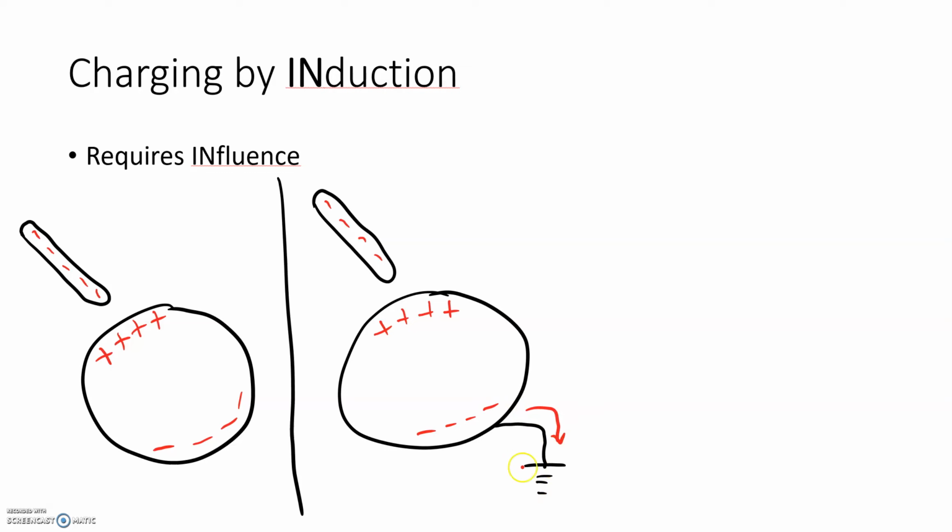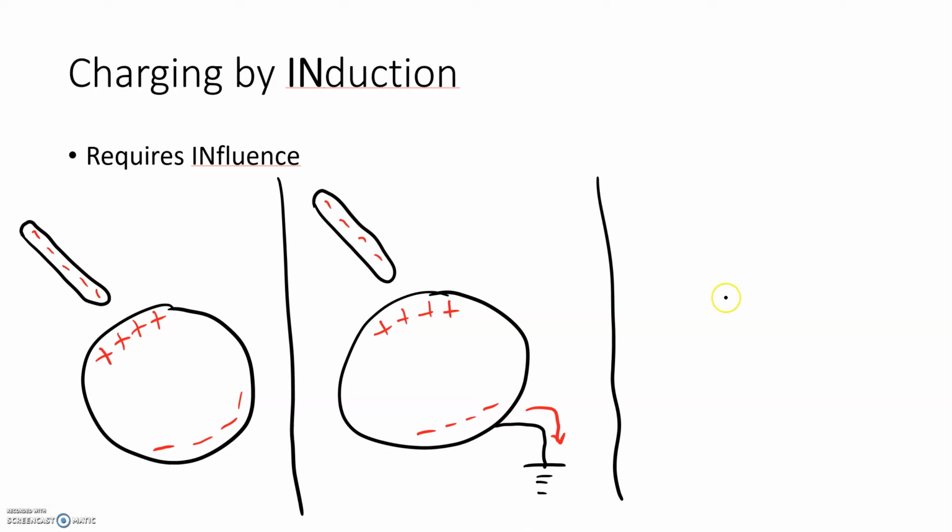And so this symbol here is a ground wire, and that's a place for excess charges to move toward the ground and be distributed across the surface of the earth, much like the ground plug on your outlet.